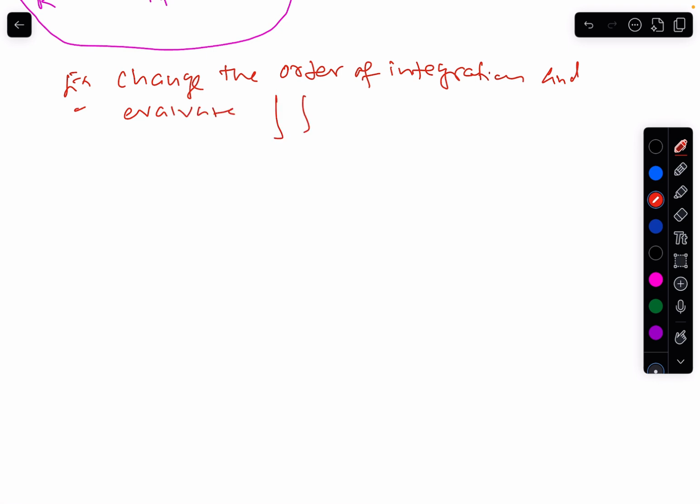Double integration, x to pi, 0 to pi, sin y over y dy dx. Now see, if we directly integrate, then we need to integrate first with respect to y, and so we need to integrate sin y over y, which is not possible. So better to change the order of integration.